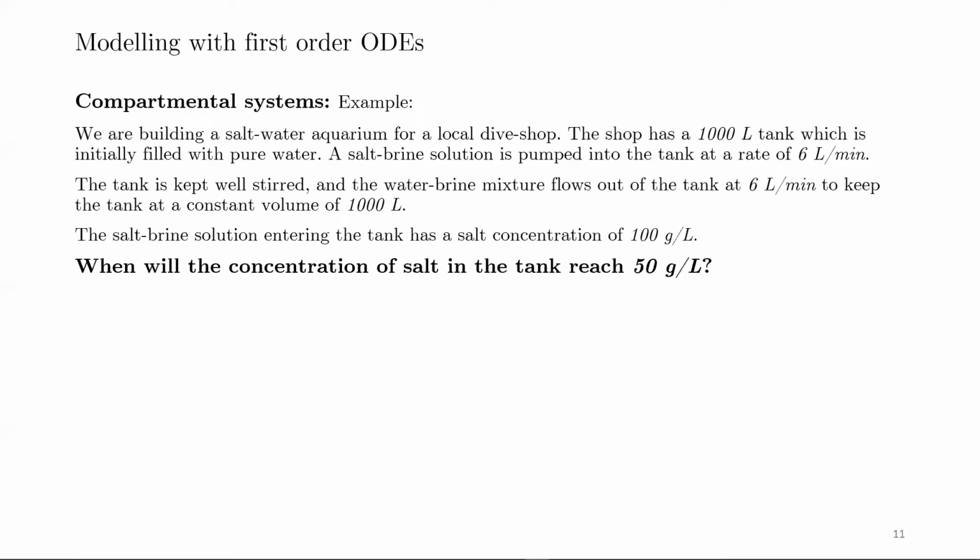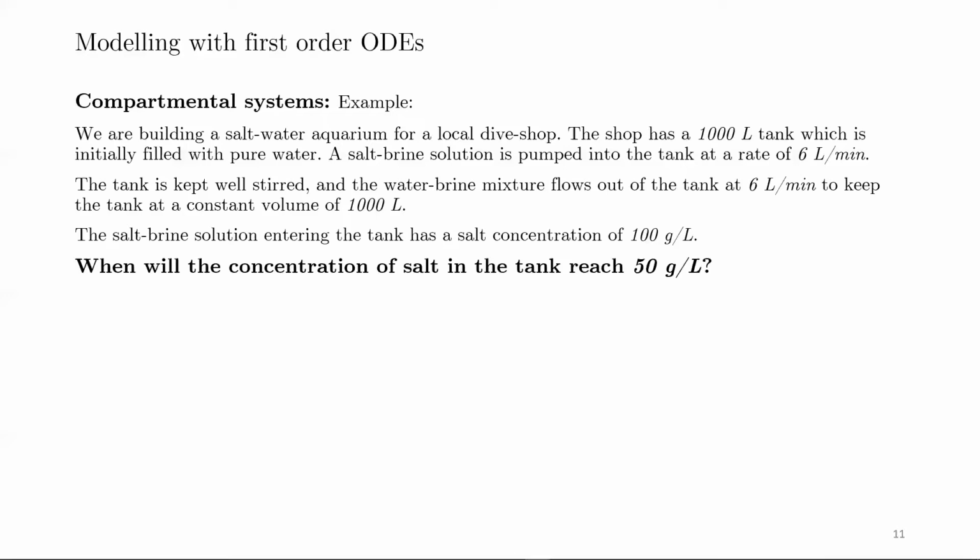Okay, so let's think about this for a second before we write down any differential equations. We have this tank which initially has a salt concentration of 0 grams per liter because it's pure water, right? So initially we have no salt in that tank at all.